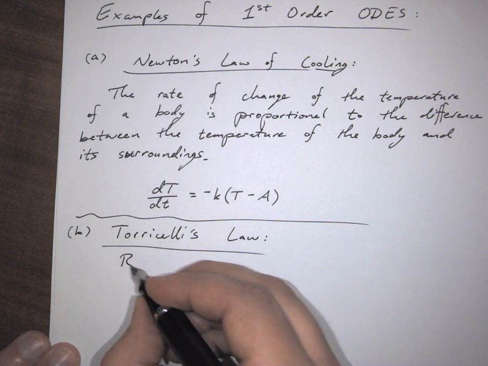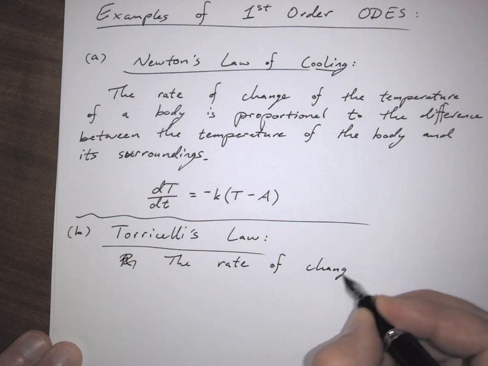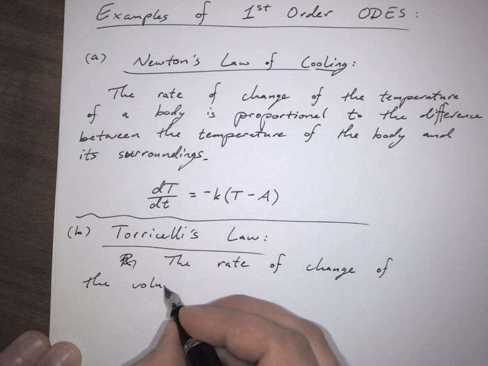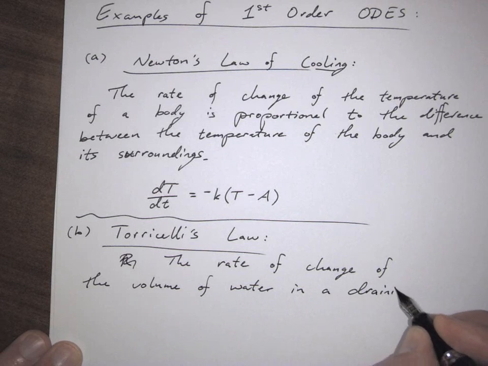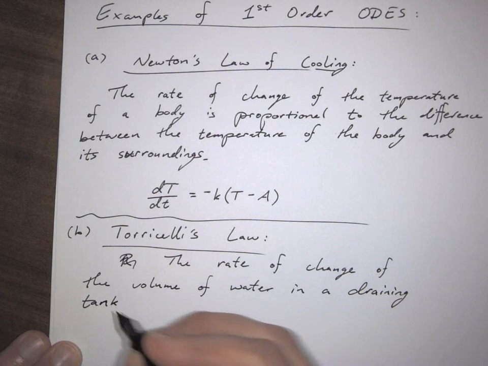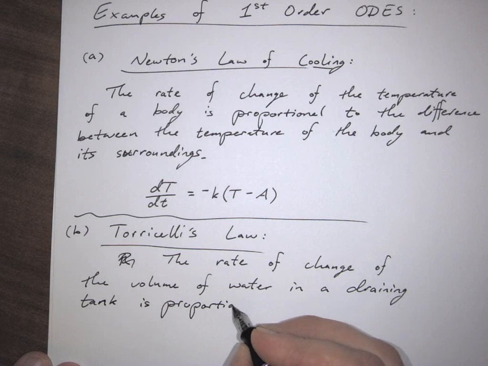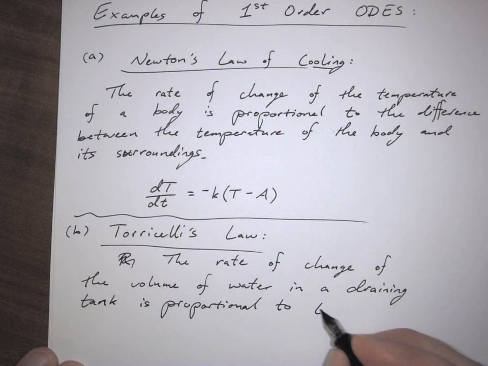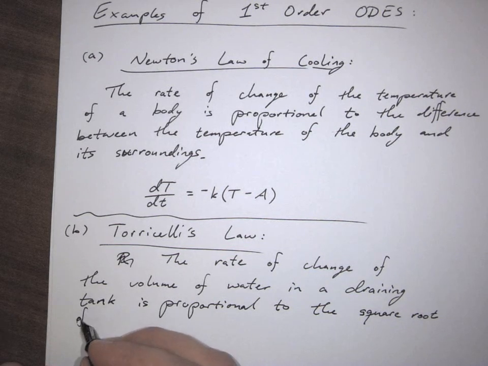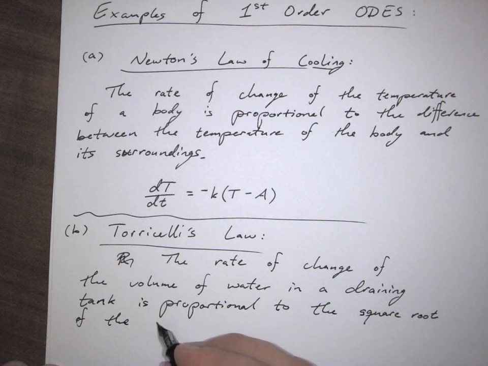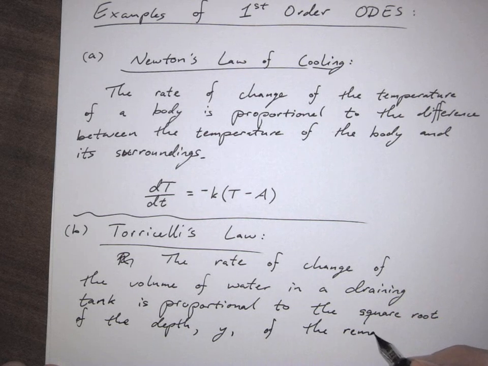And in particular, the rate of change of the volume of water in a draining tank is proportional to the square root of the depth, which we can say is y, of the remaining water.